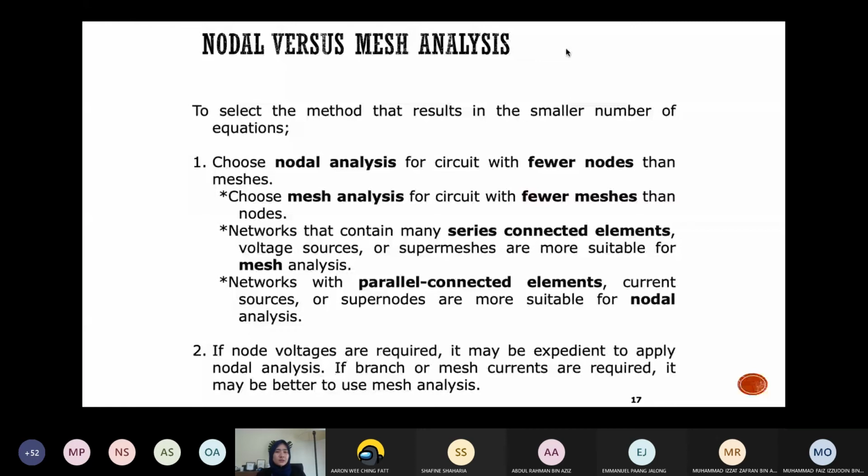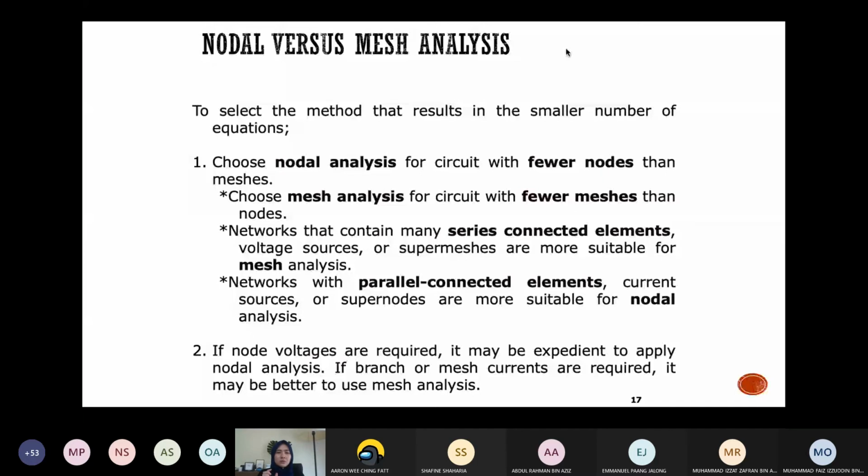So as a summary, for circuit analysis, we have nodal analysis and we also have mesh analysis. Which one to use? Which one is better, nodal or mesh? Basically, select the method that results in the smaller number of equations.